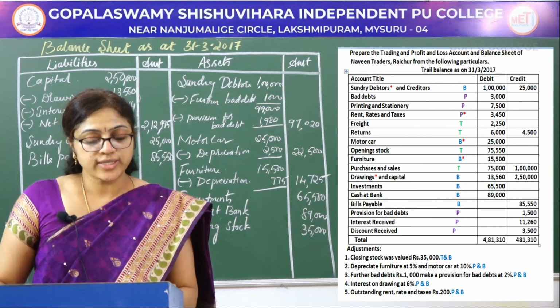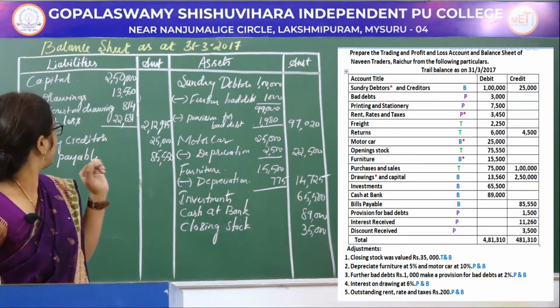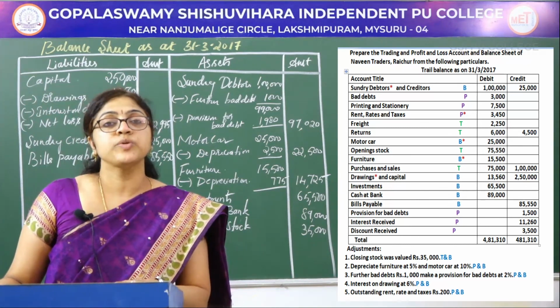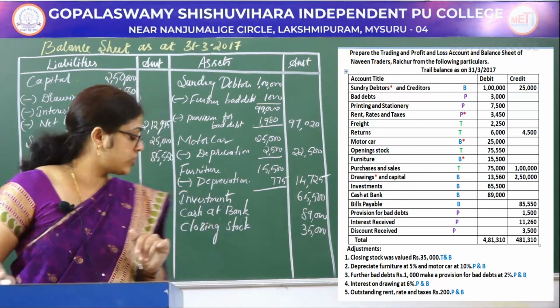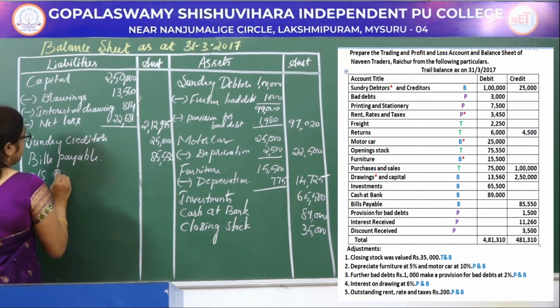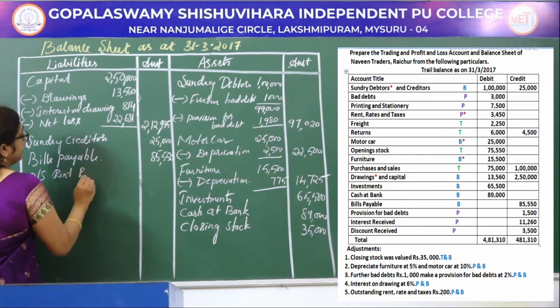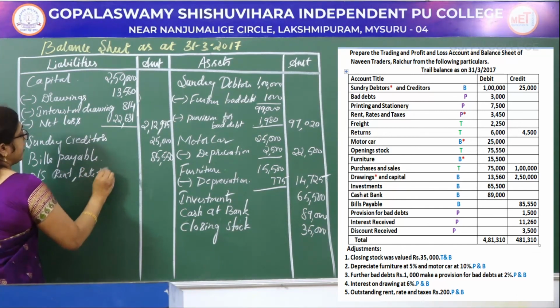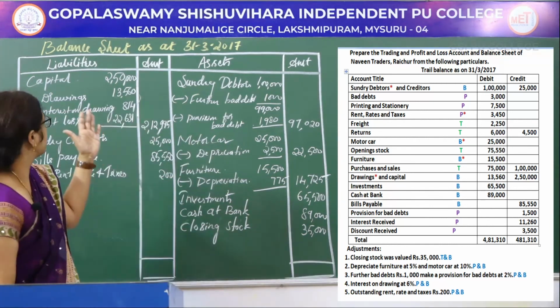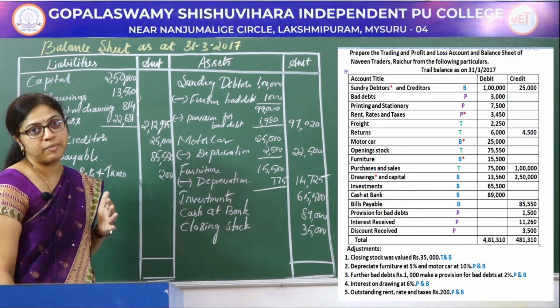Interest on drawings at 6%, that is also adjusted. Next one, outstanding rent rates and taxes rupees 200 is there. This is outstanding expenses. So record outstanding rent rate and taxes 200 rupees.